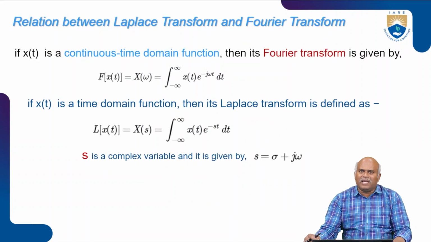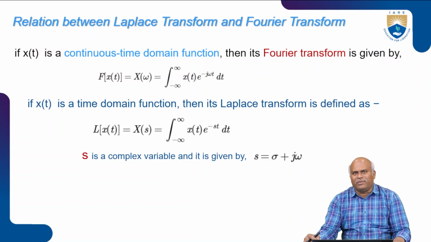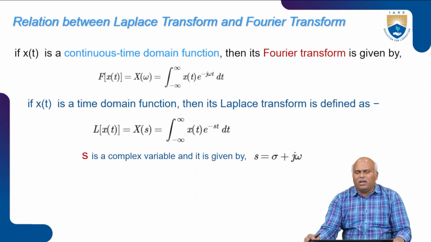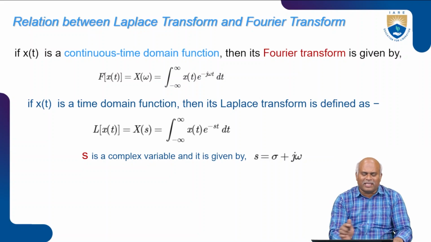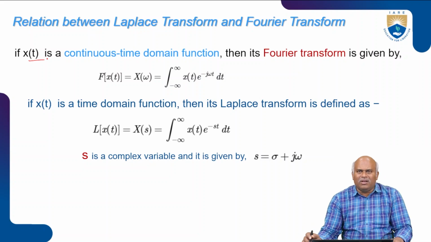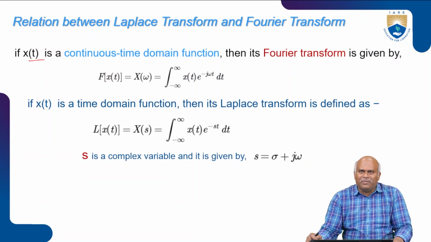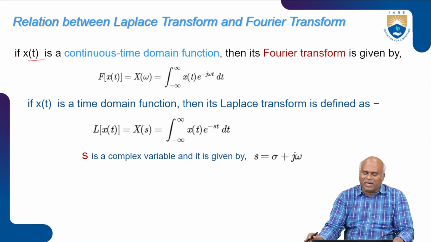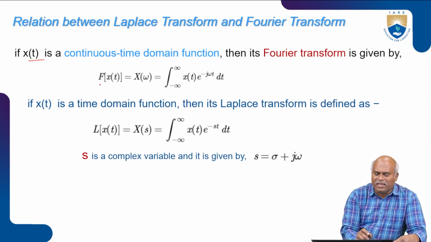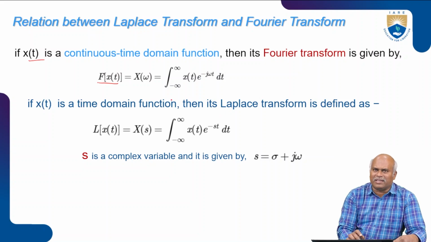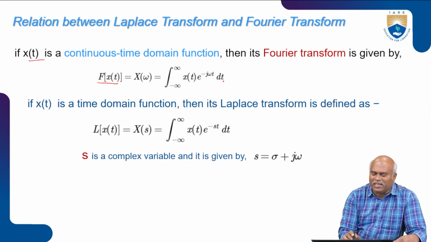Next, the relation between the Laplace transform and Fourier transform. Now I take the continuous time domain, where the signal is represented as x of t. Then the Fourier transform of x of t, I write as X of omega equal to the integration from minus infinity to plus infinity of x of t e power minus j omega t dt.